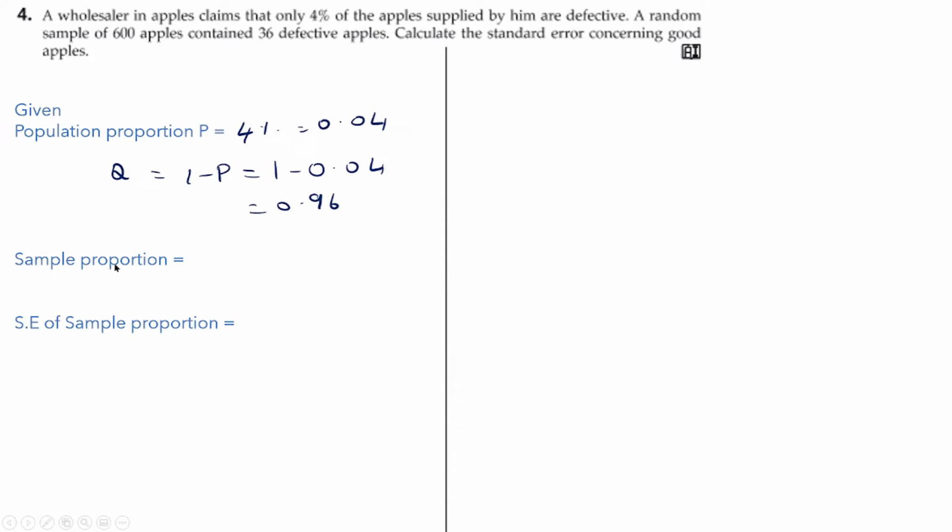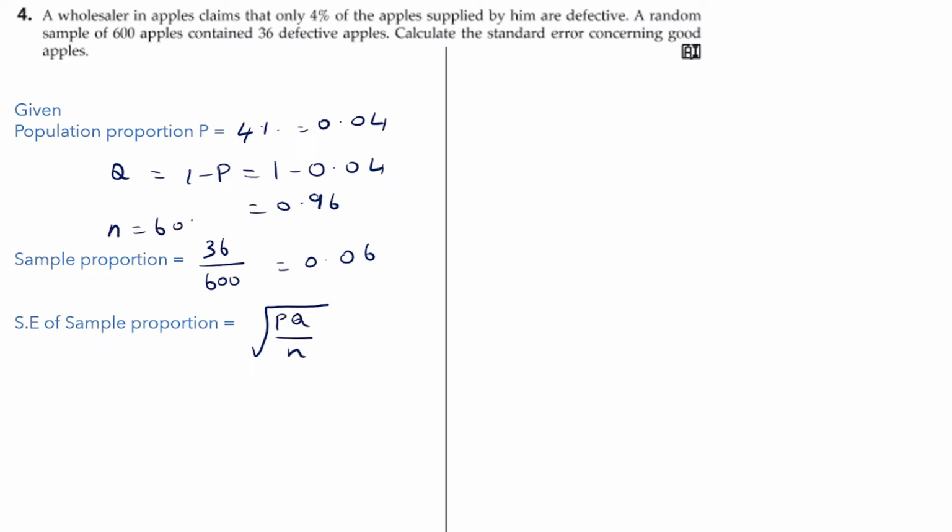Now the sample proportion will be, out of 600 apples that we had 36 defective apples. So sample proportion is 36 upon 600. It is 0.06. Now the standard error of sample proportion is given by root of PQ by N.